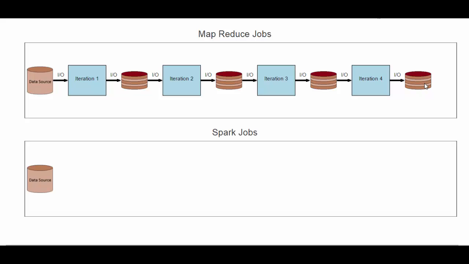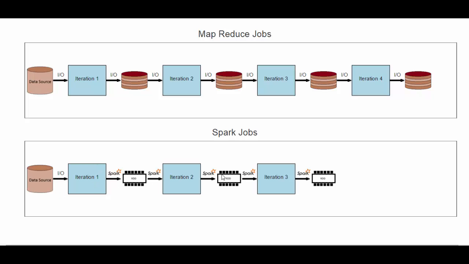Now, Spark is slightly different. Again, we have to start with a slow data set, and it has to do the first IO. But once the first IO is done, the rest of the intermediate results are stored in RDDs, which are mostly memory objects, and they have a way to spill any overflow to disk as well.